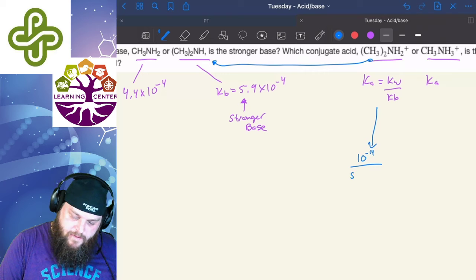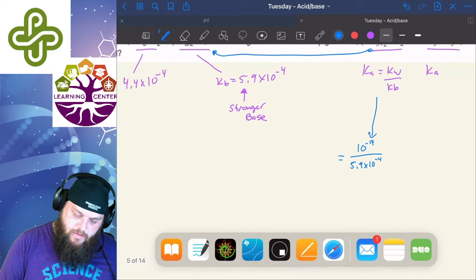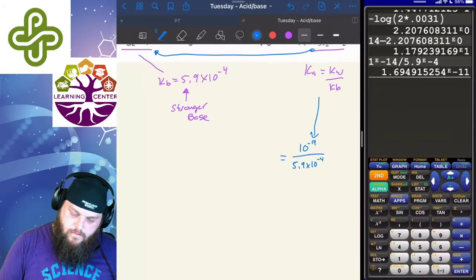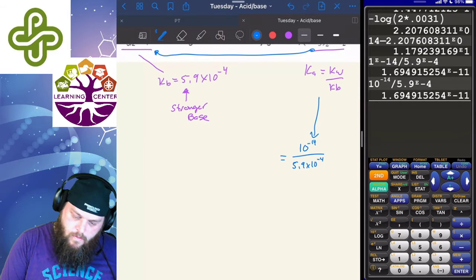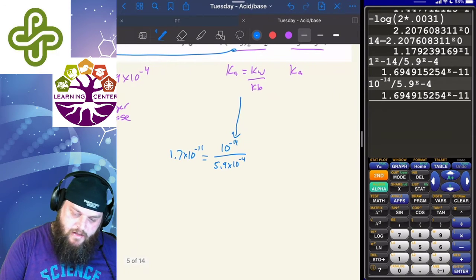So that's going to be 5.9 times 10 to the negative fourth, which is equal to 1.7 times 10 to the negative 11. I just calculated that last question, didn't I?